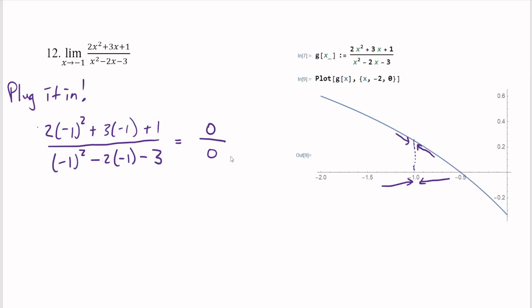Hold on. This is called an indeterminate form. What does that mean? It means just this alone is telling you nothing. This could be anything. I mean anything.